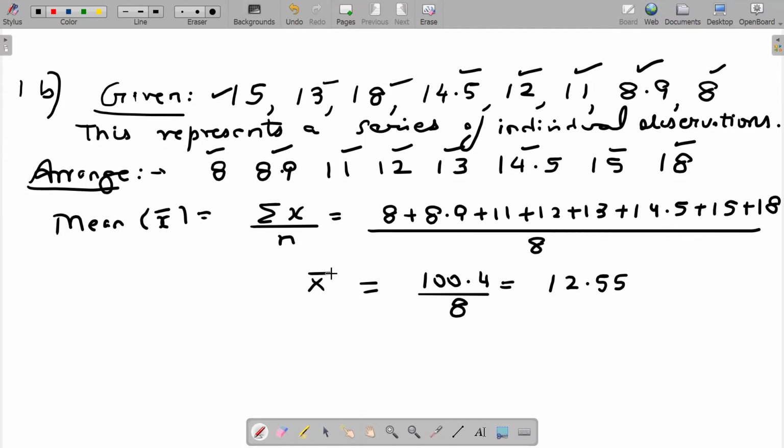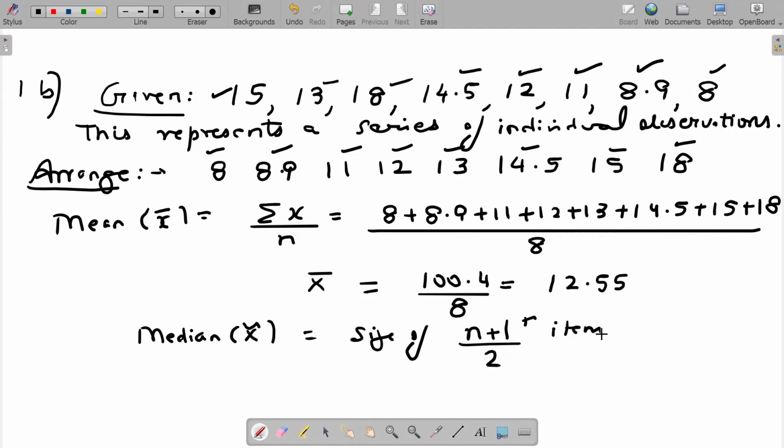Okay. How do we calculate the median? I use X tilde to denote the median. X tilde denotes the median. This is the size of n plus 1 by 2th item, where n is 8. Remember? 1, 2, 3, 4, 5, 6, 7, 8.